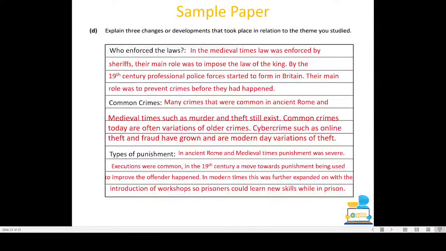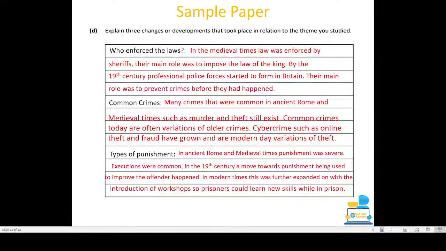So what I've done here is cover all 4 time periods I was focusing on. I mentioned how executions were common in Rome and medieval times. I then talk about how as things change and develop, they move away from punishing people through executions to punishing people by trying to improve them.